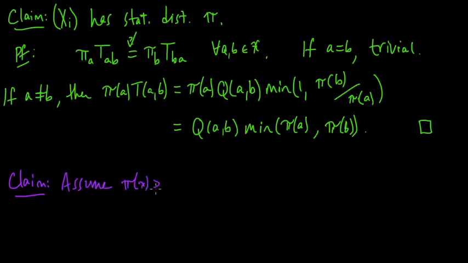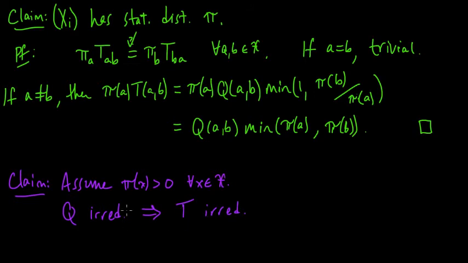So assume pi of x is strictly positive for all states x. Under that assumption, if Q is irreducible, by which I mean that a Markov chain with transition matrix Q is irreducible, then a Markov chain with transition matrix T is irreducible.